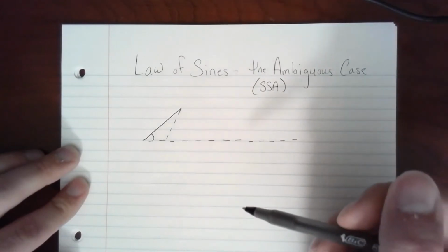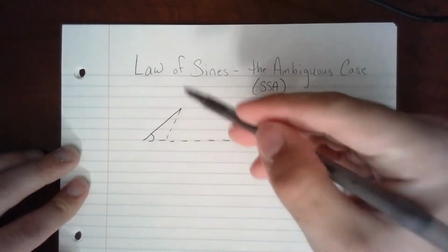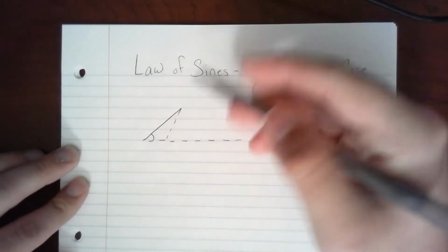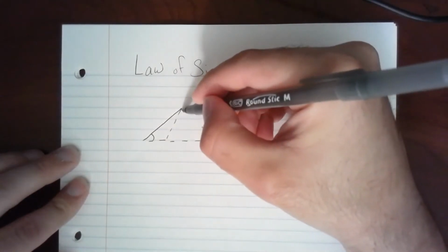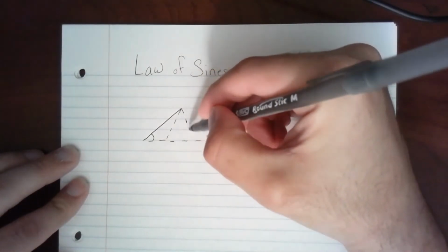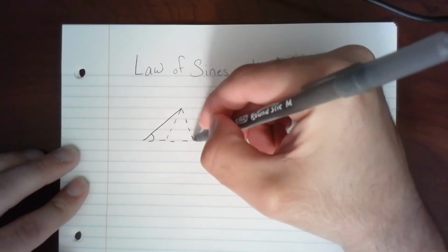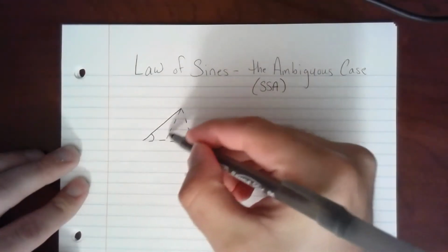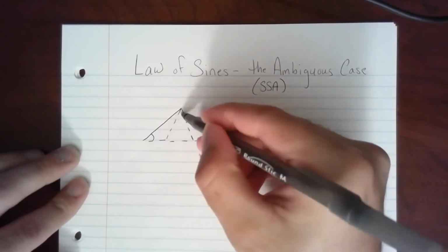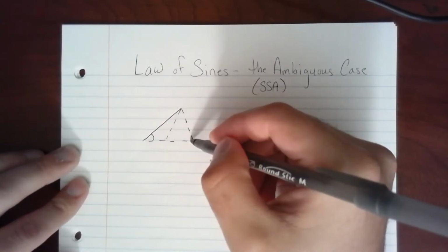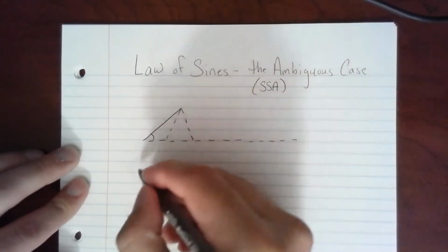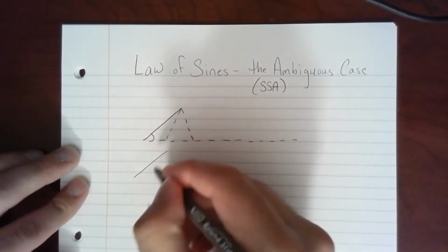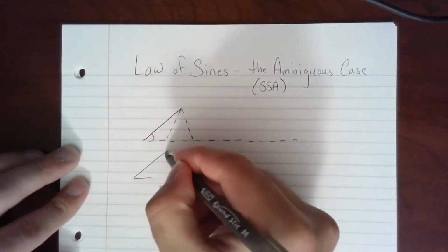If this was that second length that we had, this could be one triangle that we could end up with. But what if I pivot this side here? What if I brought it out here instead? If these two lengths that I've just drawn were the same, then I could have one triangle that has those same measurements.